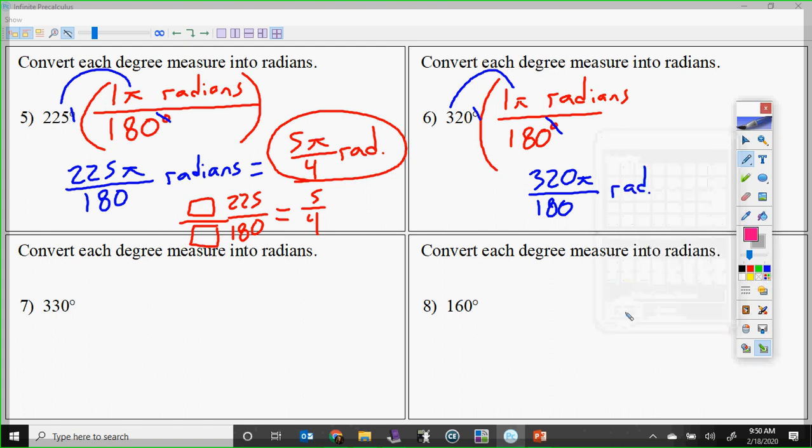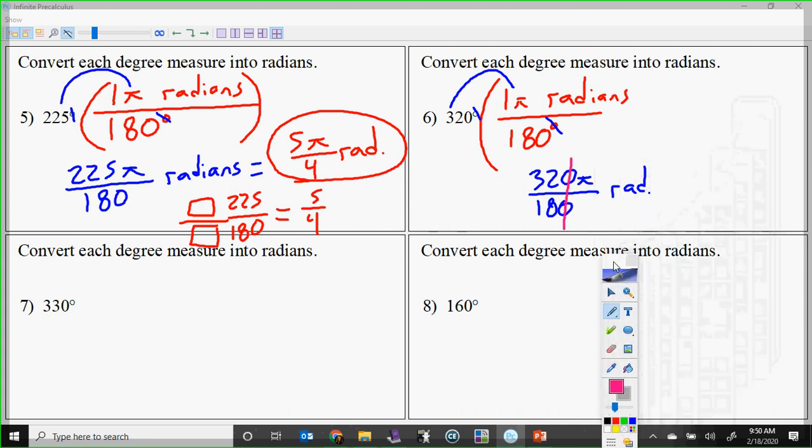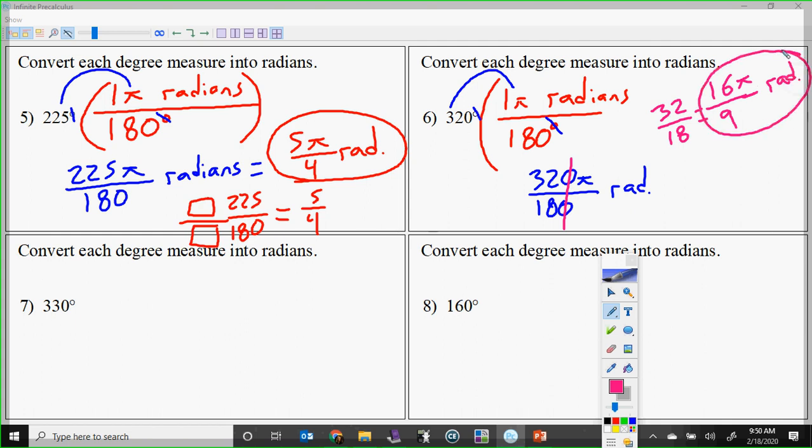I'll actually do this one by hand instead of using the calculator. I'm going to divide them both by 10, which means I end up with just 32 over 18. And let's just divide them by 2. 16 over 9, and 9 is only divisible by 3. 16 is not divisible by 3, so I'm going to say that's as far as I can go. Make sure I tack on my pi in the top. 16 pi over 9 radians.